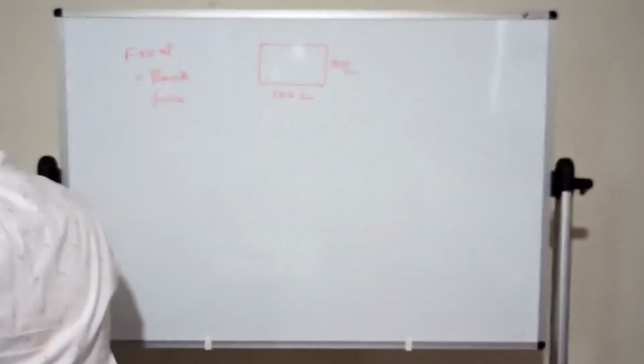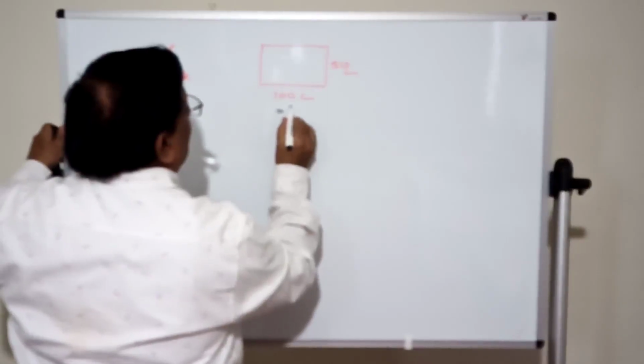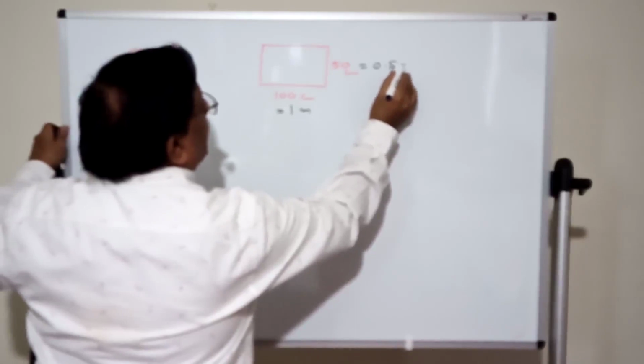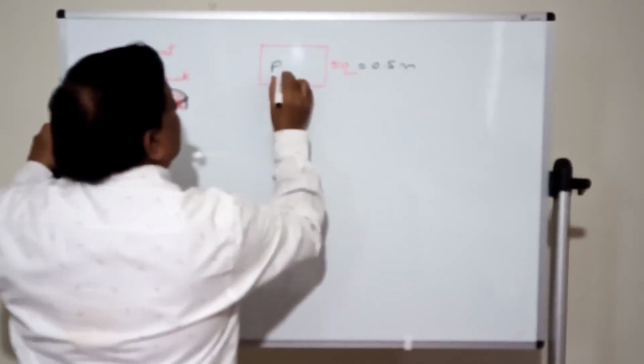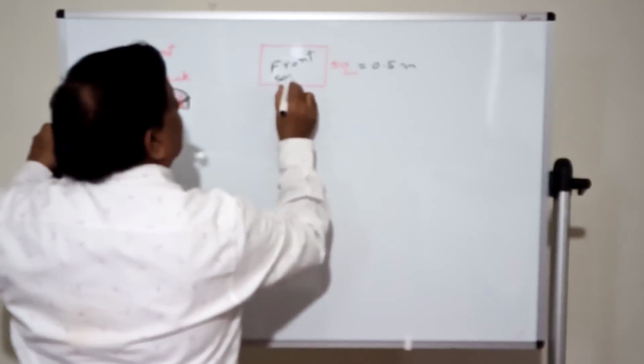As I told you, you just convert this into meters. 1 meter, and this is 0.5 meters. This is the front face, front surface or face.